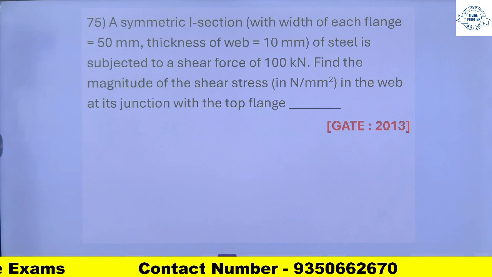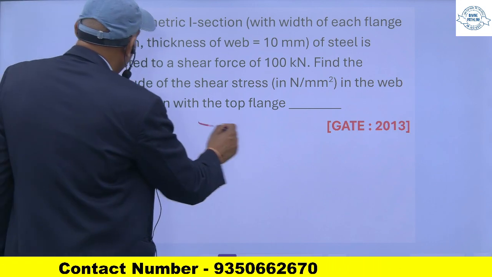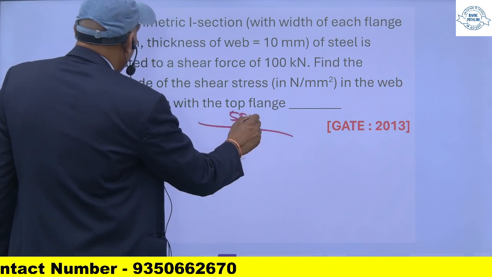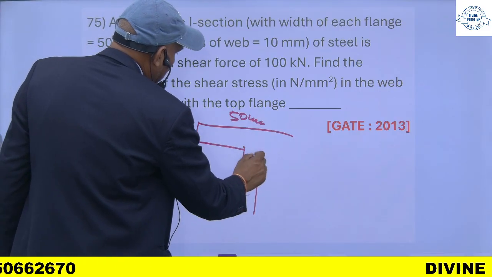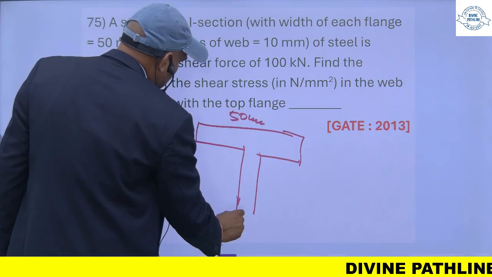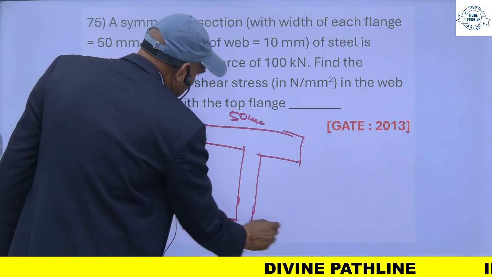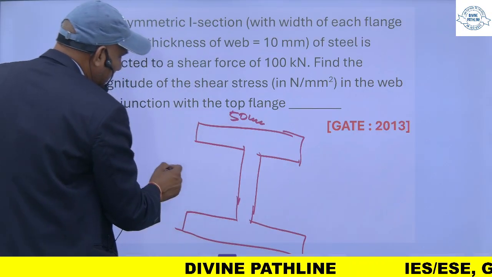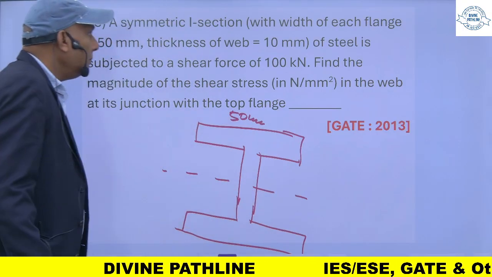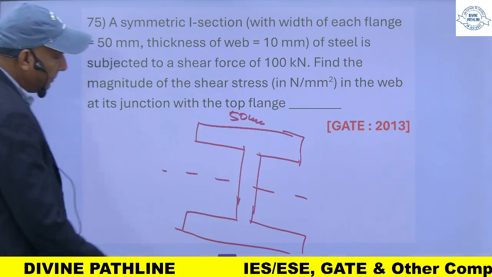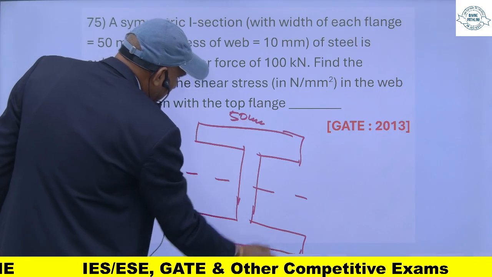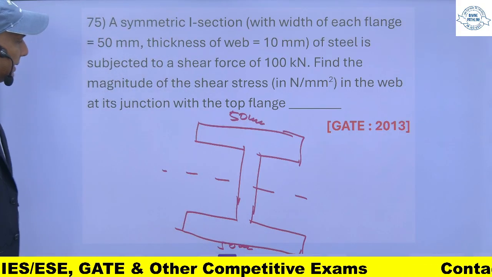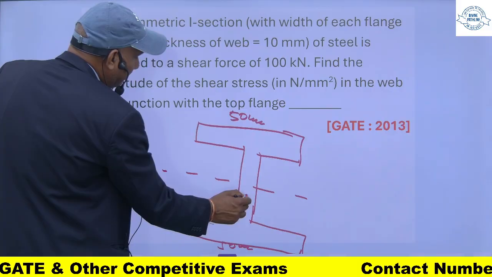A symmetrical I section, width of each flange is 50 mm. This is also 50 mm, and the thickness of the web is 10 mm.